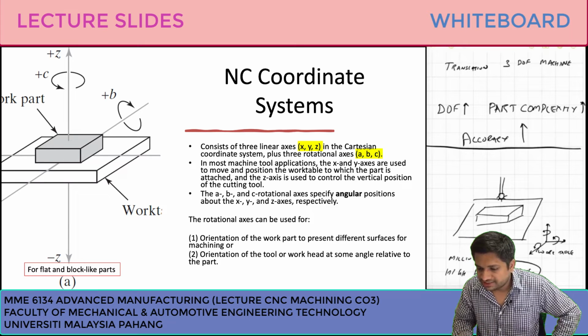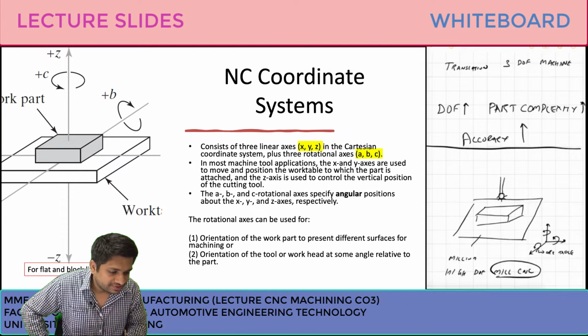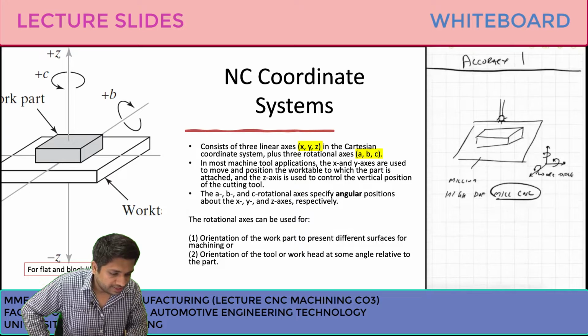The rotational axes, basically A, B and C: A is used for orientation of the work part to present different surfaces for machining, and for the orientation of the tool or work head.